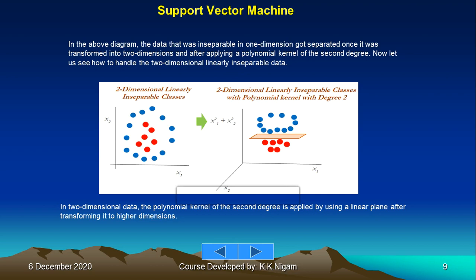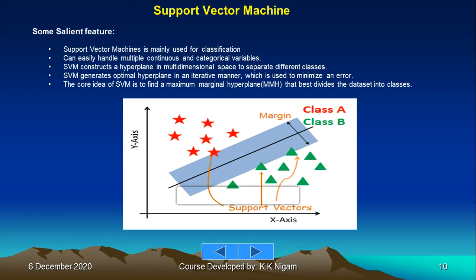In two-dimensional data, the polynomial kernel of the second degree is applied by using a linear plane after transforming it to a higher dimension. Now, some salient features of the SVM. Support vector machine is mainly used for classification and can easily handle multiple continuous and categorical variables. SVM constructs a hyperplane in multidimensional space to separate different classes.